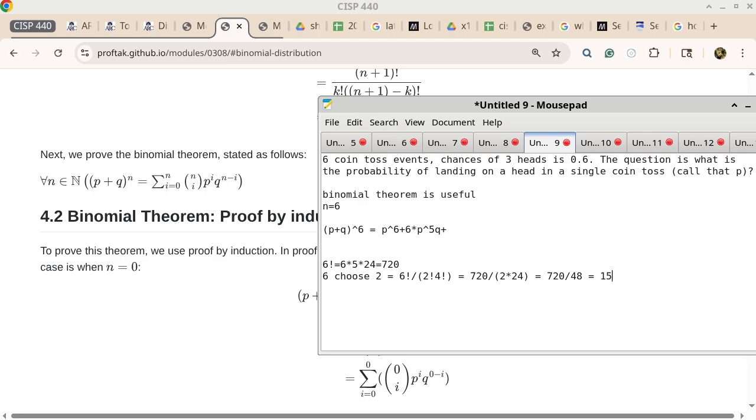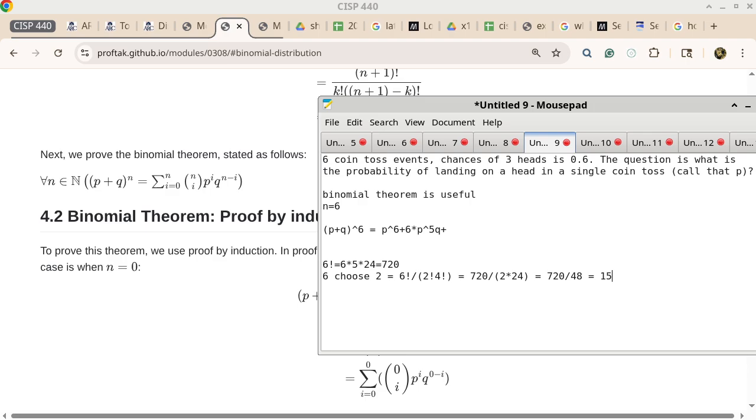Yes, you can. So we have 720 divided by 48. You subtract 48 from 72, there's a 4 here, there's a 2 here, 240. That's an easy one. So it is in fact 15.